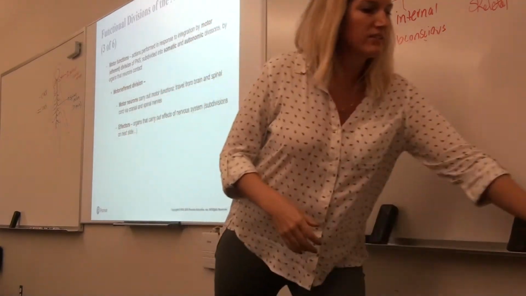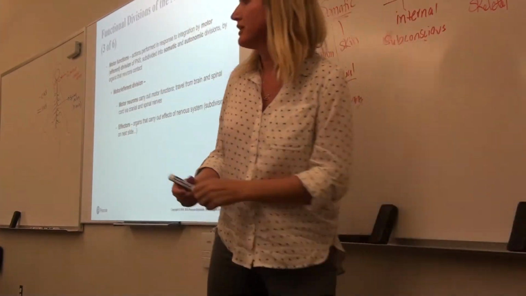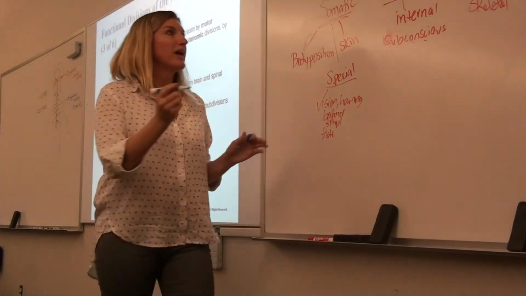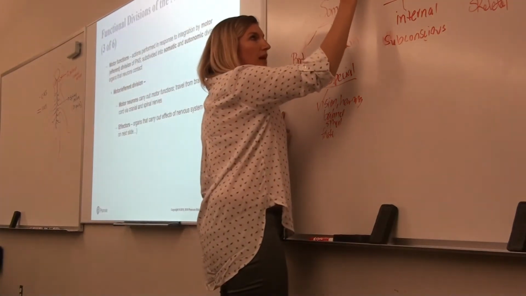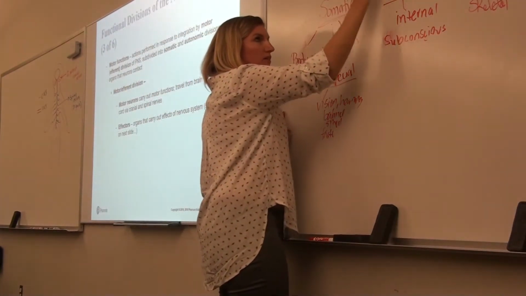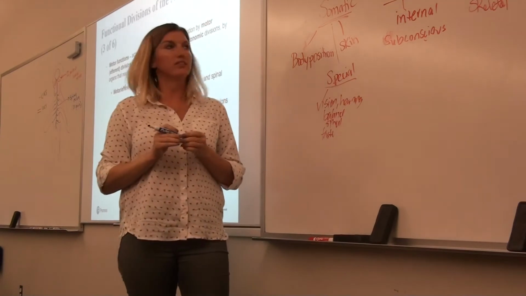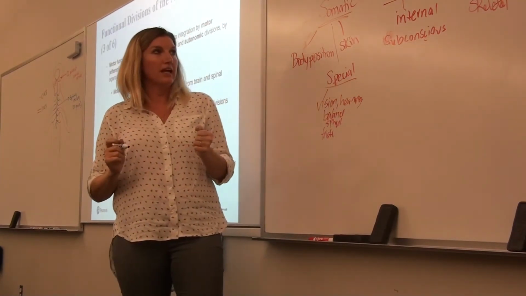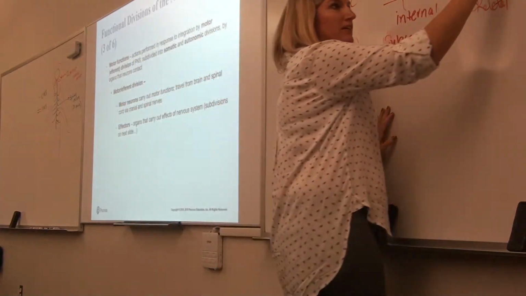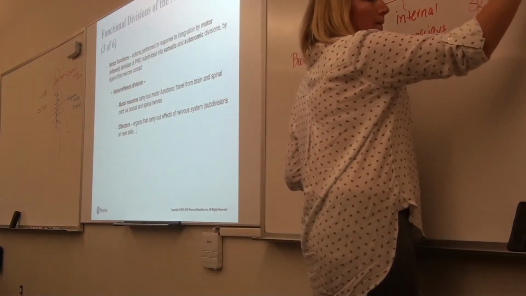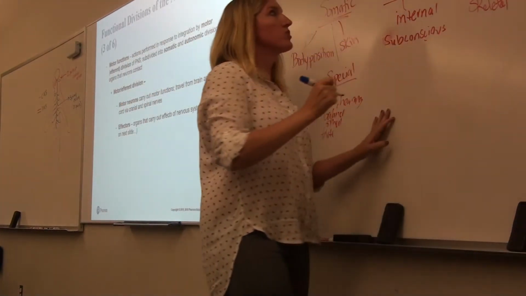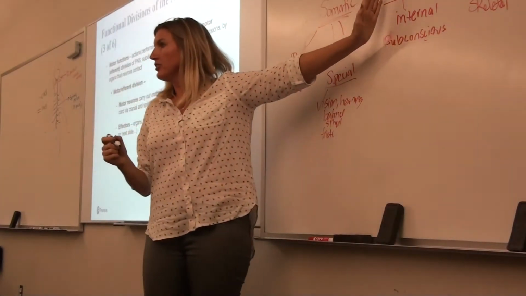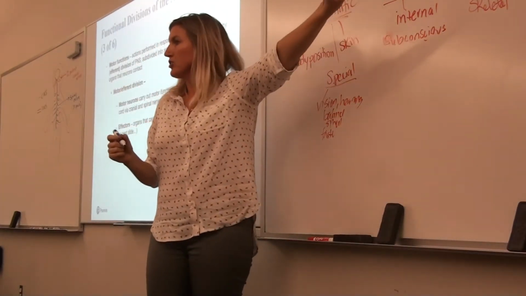So we call these divisions by two different names. We use the word afferent or efferent. I usually say afferent, that way I pronounce the A and I recognize that it's an A. So when you see the word afferent, you should think sensory. Efferent, you should think of motor.